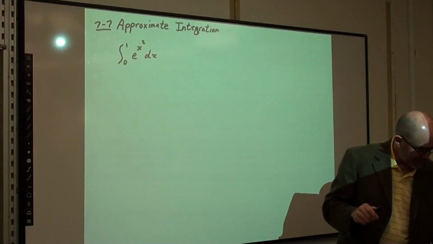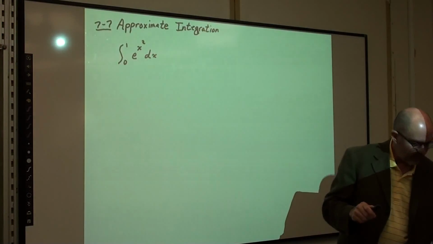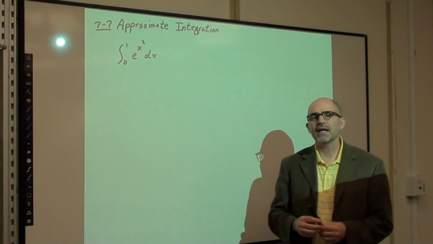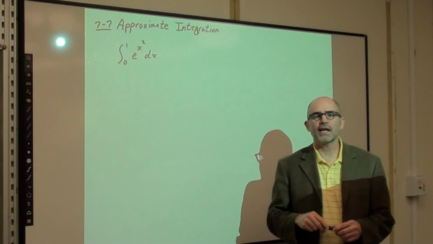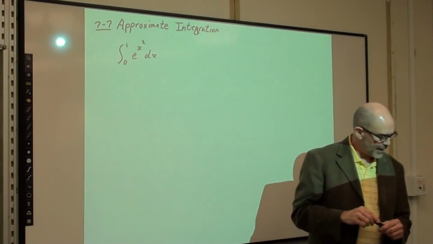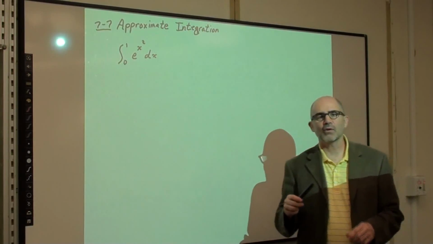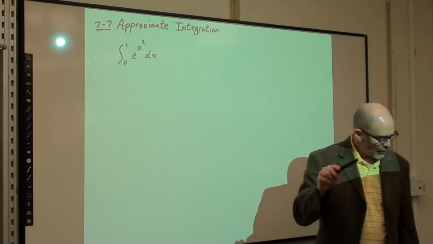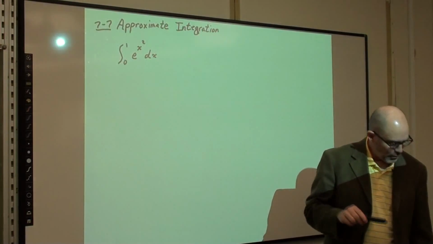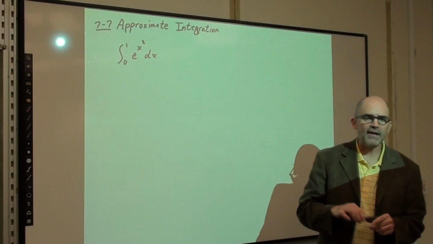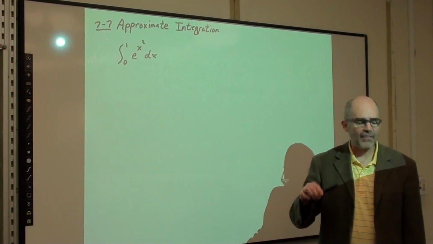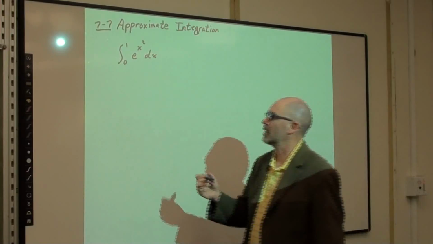So for the left-hand, the height of each rectangle is going to be the height of the left side of the rectangle. And for the right-hand approximation, the height of each rectangle is going to be the height of the right side. Now for the midpoint approximation, the height of each rectangle is going to be the height at the midpoint of each rectangle.